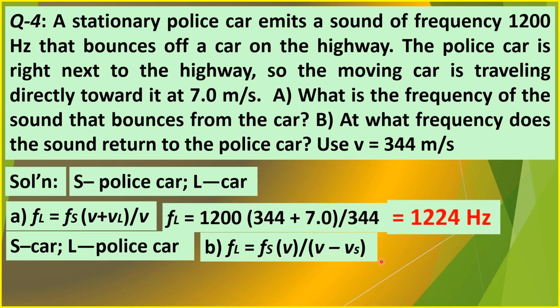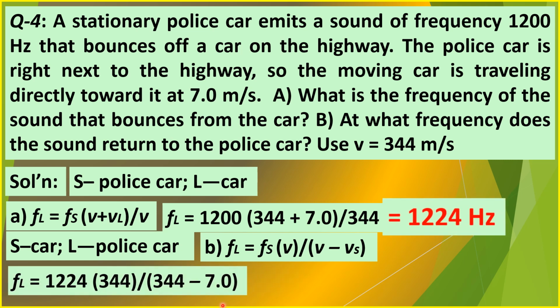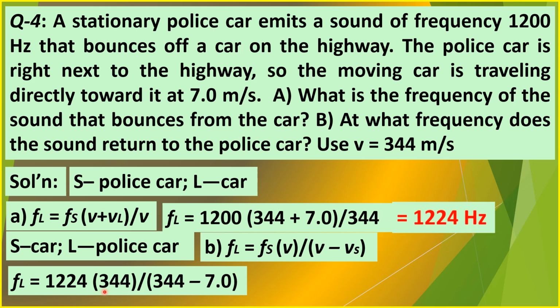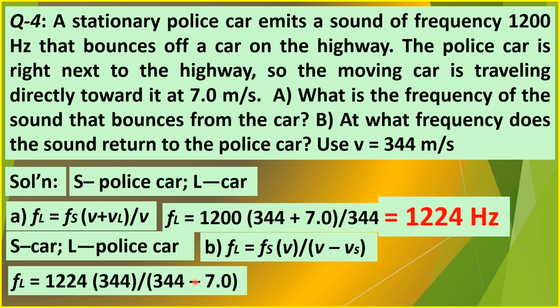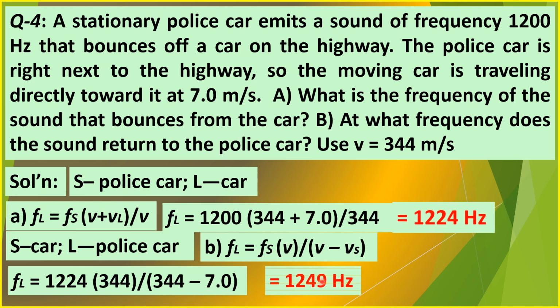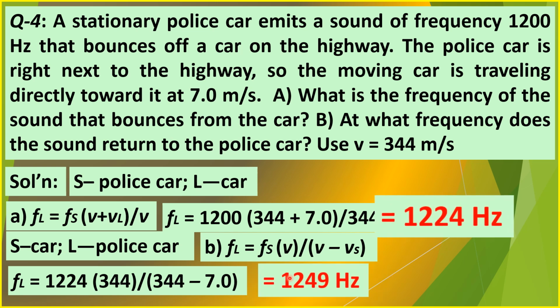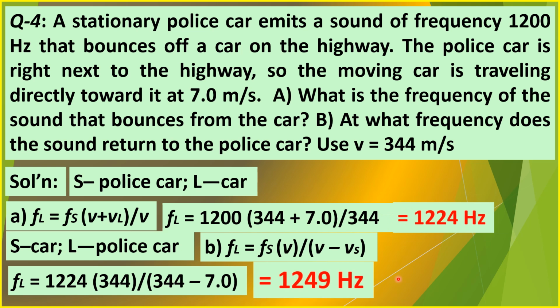When we substitute, FL equals 1224 Hertz multiplied by the speed of sound in air, 344 meters per second, and divided by the difference between 344 and 7 meters per second. Doing our math, we will get as the value of FL 1249 Hertz. So this is the frequency of the sound that returns to the police car.